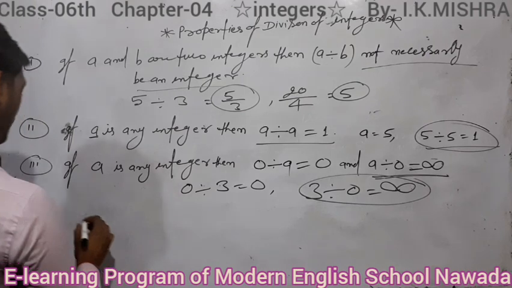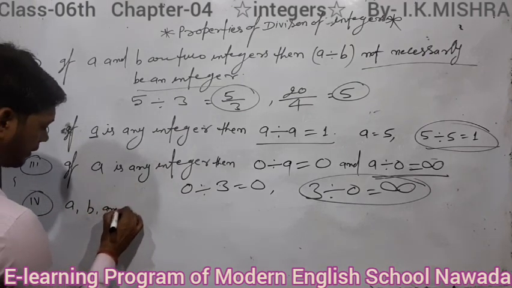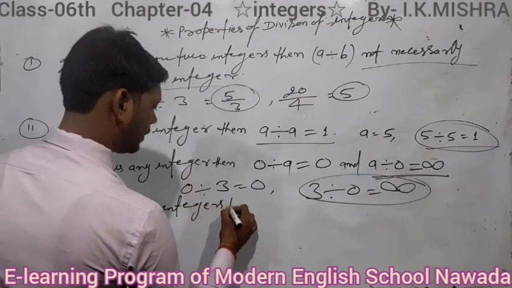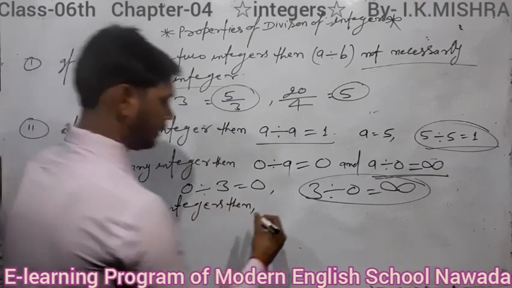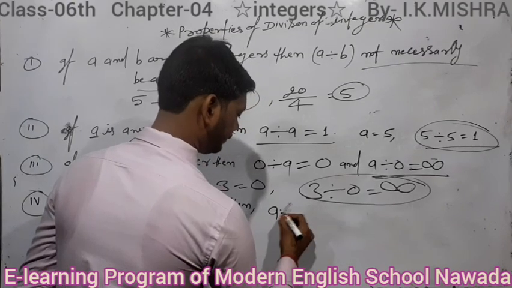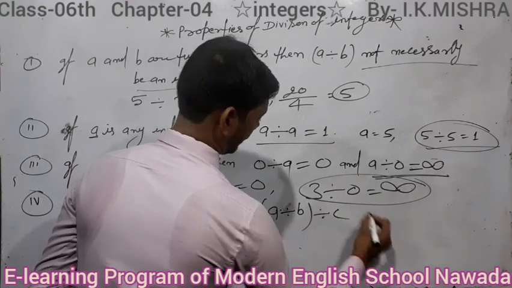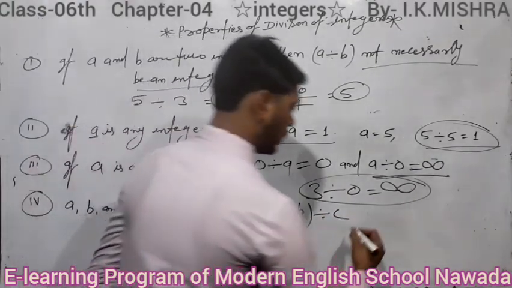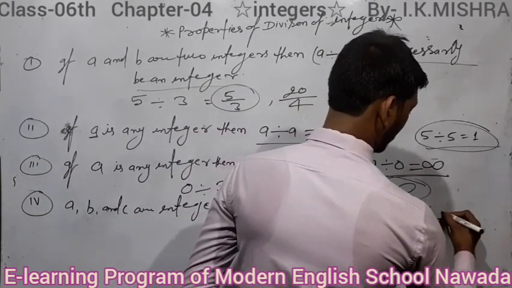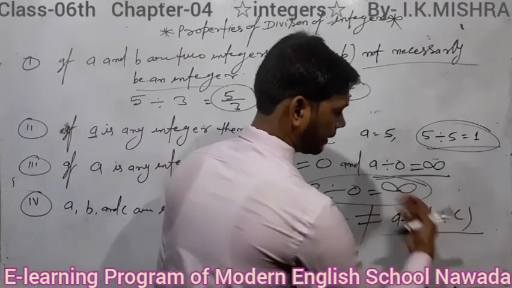Students, if a, b and c are three integers, then a divided by b divided by c is not equal to a divided by b divided by c when grouped differently. Students, they are always different.